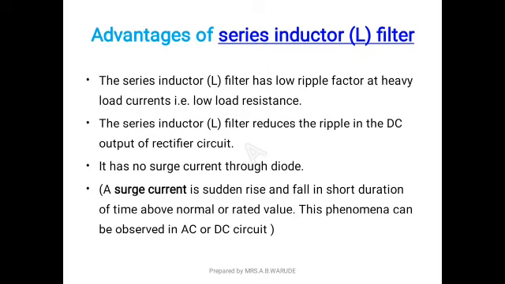It has no surge current through the diode, and surge current means a sudden rise and fall in a short duration of time above the normal or rated value, and this phenomenon can be observed in an AC or DC circuit also.